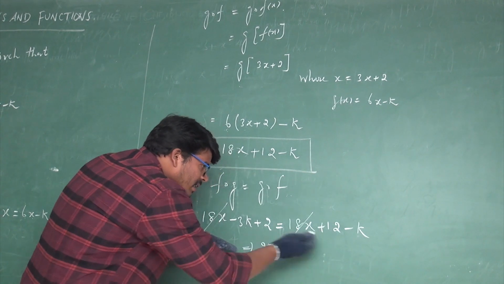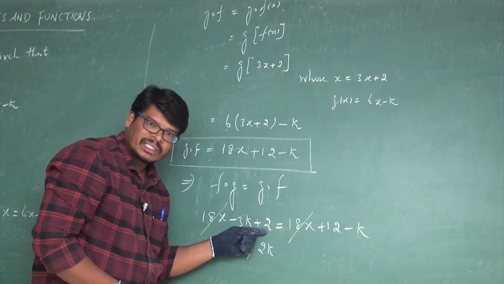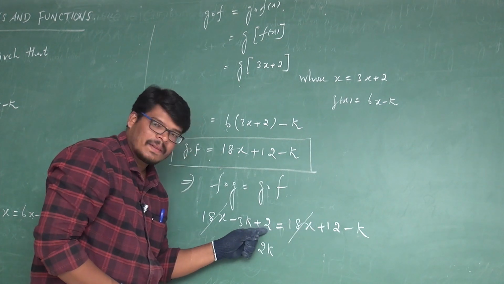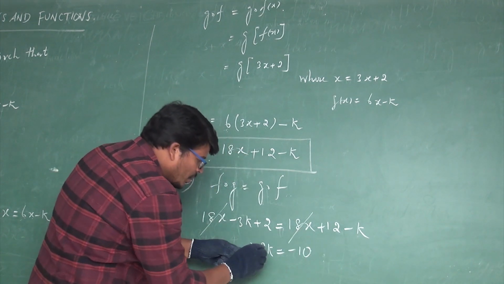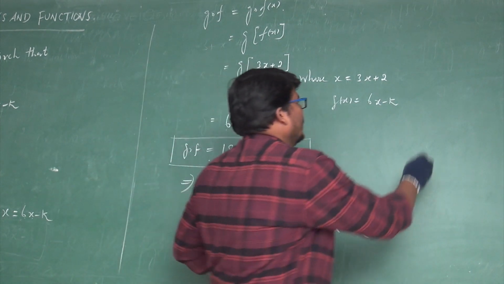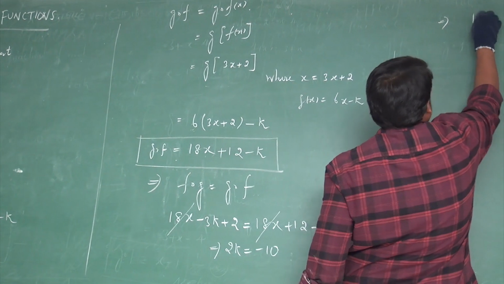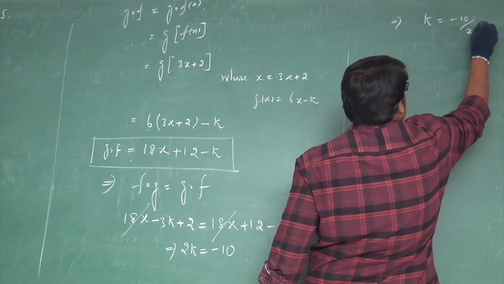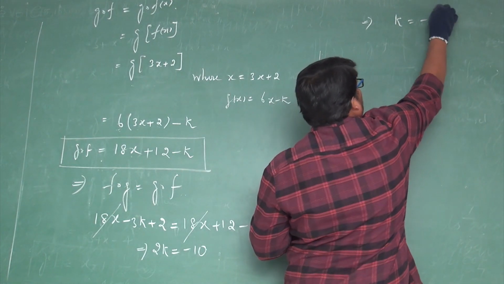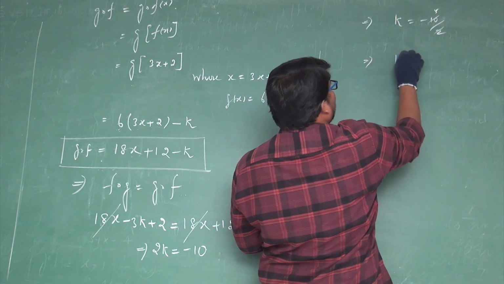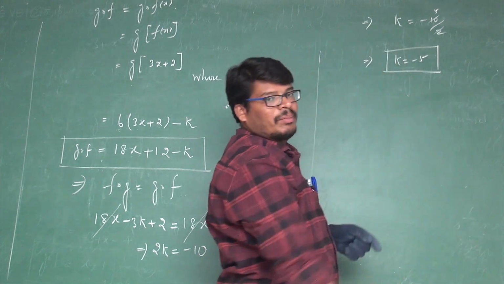Here plus 12 on this side becomes minus 12, and with the plus 2 already here, minus 12 plus 2 equals minus 10. So 2k equals minus 10, k equals minus 10 by 2. Cancelling, 5 times 2 is 10, the k value is minus 5.